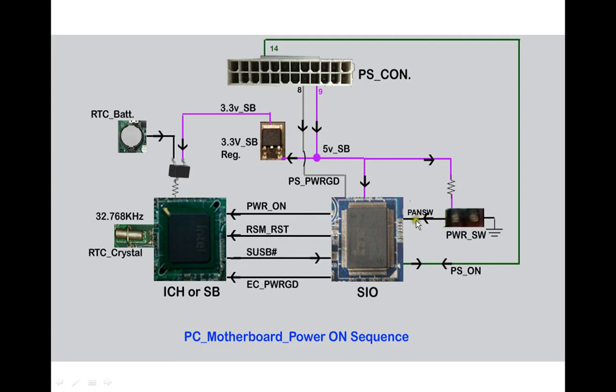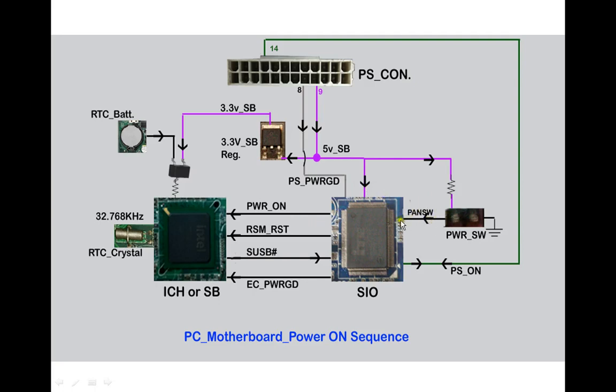Until the power button is pressed, this point will be 5 volts, and when the power button is pressed it becomes 0 and again comes back to 5 volts. That means high, low, high, which is a signal given to the SIO chip.